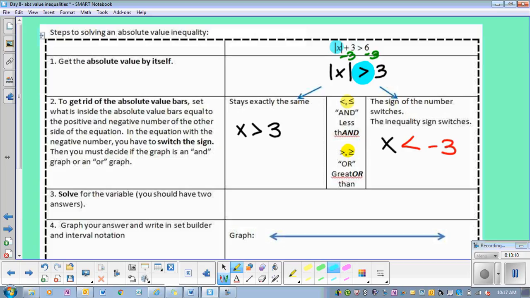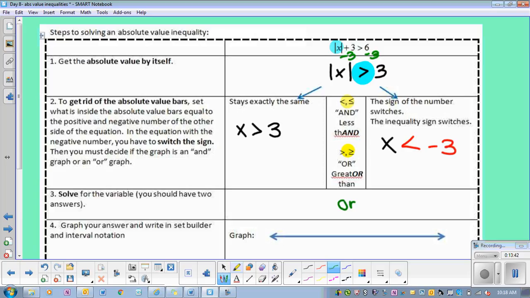Greater than? Okay, so it's great-or. So this is an or. Yeah? And if it was less than, it would be less-than. And. Okay? If you have less than, then it's an and. Greater, greater, it's an or. Okay? I know it's silly. You guys are looking at me like that, but I hope that helps you. Okay? Yeah. So this one's a greater, so it's an or.